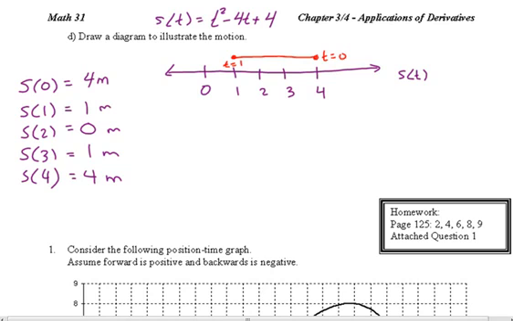I'm just showing you this new thing. At 2 seconds, where are you? You're at 0. At 3 seconds, you're again at 1. And then we're back to 4. Well, it keeps going actually, so we'll go like that.